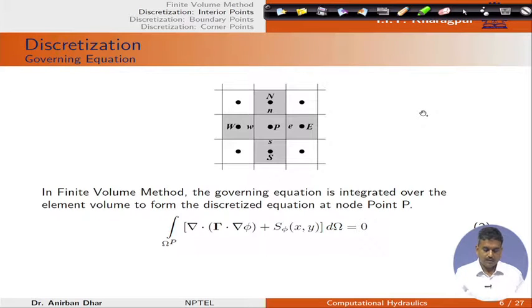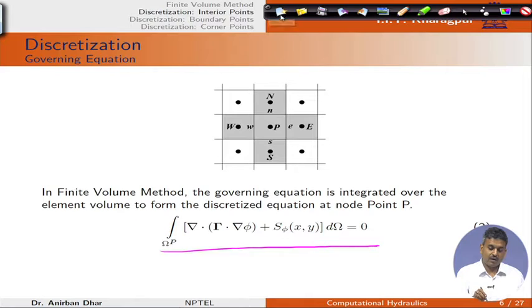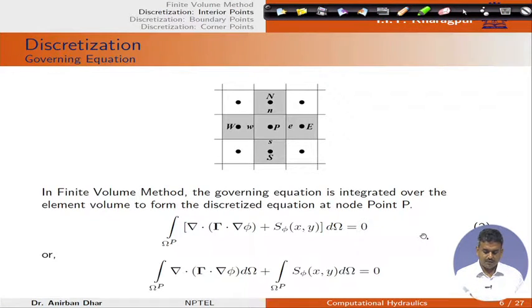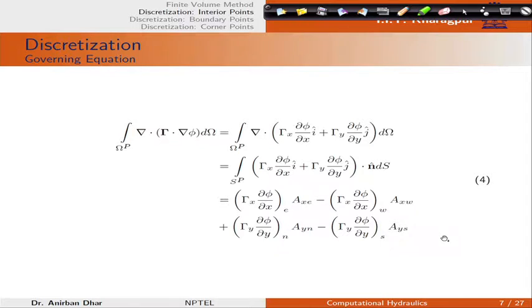Now, in finite volume method, the governing equation is integrated over element volume to form the discretized equation at node point P, which is cell centered. With this one we can start, and we can use our Gauss divergence theorem on this particular problem.